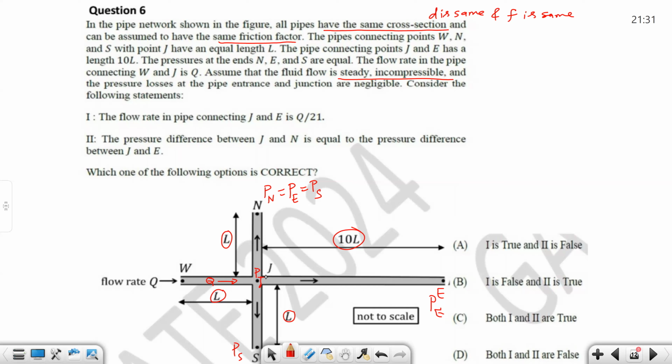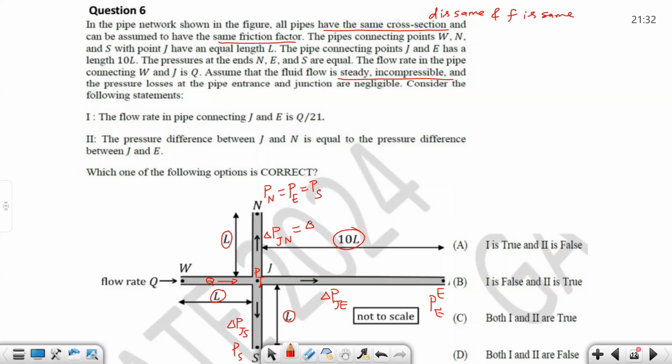Since the pressure at E, N, and S are the same, delta P across JN, delta P across JE, and delta P across JS are all equal, because the pressure at these three outlet points is the same, and J is a common point for all three.